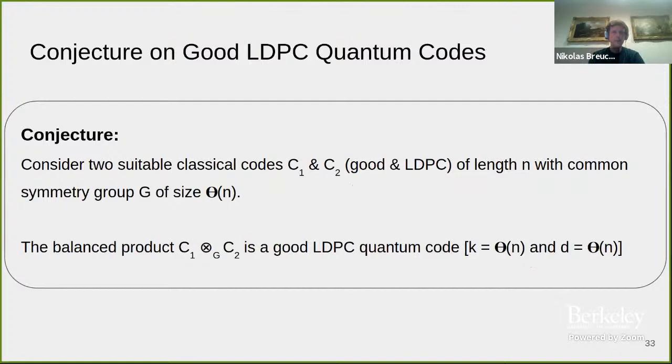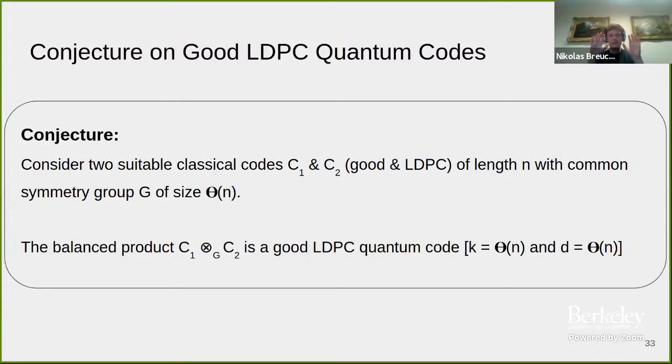So this leads us to a conjecture, which is that we can use balanced products to build good LDPC quantum codes. The idea is that we take two suitable classical codes with suitable symmetry groups acting on them, and perform the balanced product on both of them.